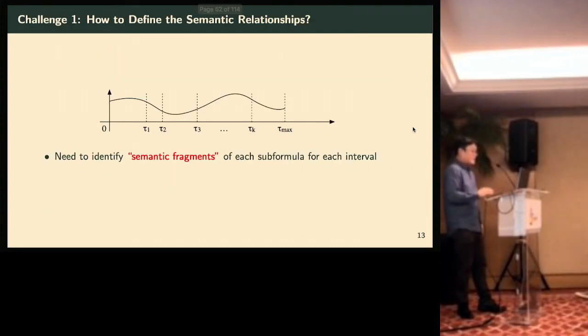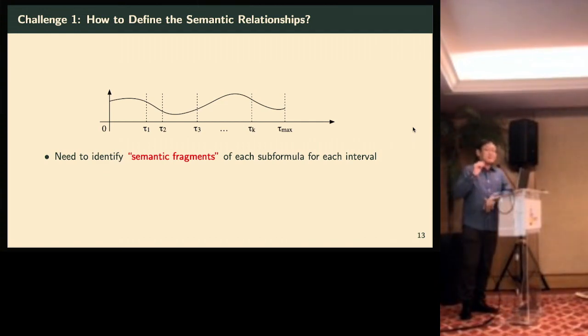So one thing is that for LTL, it's easy to identify a subformula that only depends on a specific part of the system. In LTL, there's a next operator. If there are two next operators, then it denotes the second state, or three next operators, the third state, and so on. So basically in LTL, it's kind of trivial that each subformula relates to a specific state.